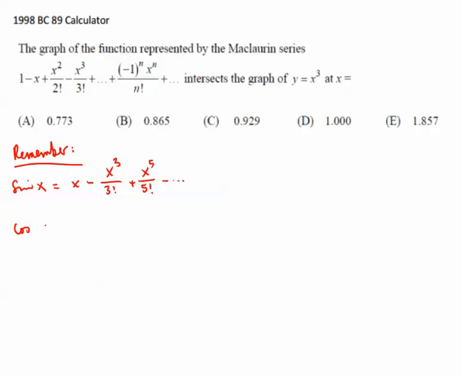Cosine, on the other hand, has only even power terms, and it also has factorials in the denominator.